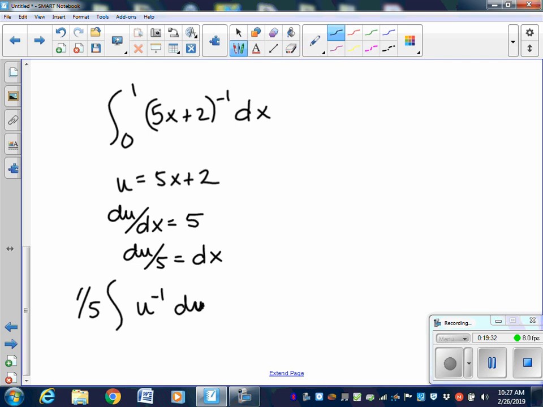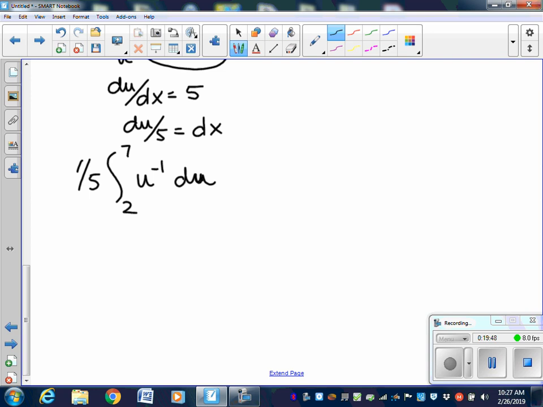And I'm never going back to x's, so that means my limits must also change. When I plug 0 in here, I get 2. When I put 1 in there, I get 7. So that's my new limits. And the antiderivative of u to the negative 1 is the natural log of u from 2 to 7.